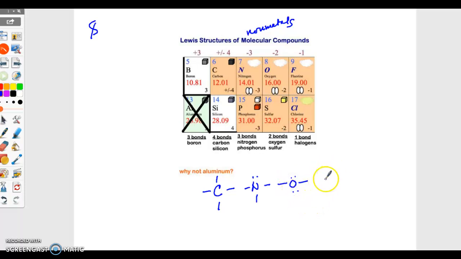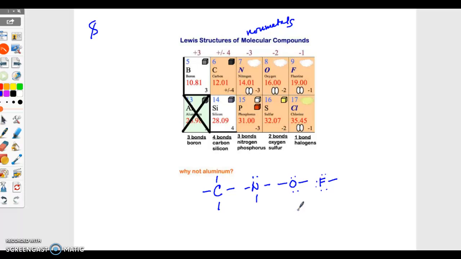And then finally the halogens, we'll use fluorine, like to have 1 bond and 3 lone pairs. So generally speaking, carbon doesn't like to have lone pairs. Nitrogen likes to have 1. Oxygen likes 2. The halogens like 3.